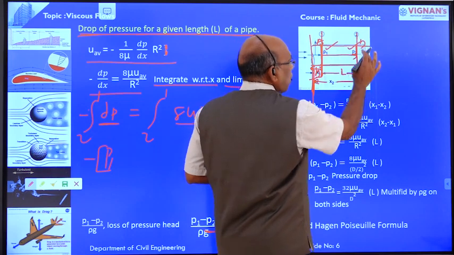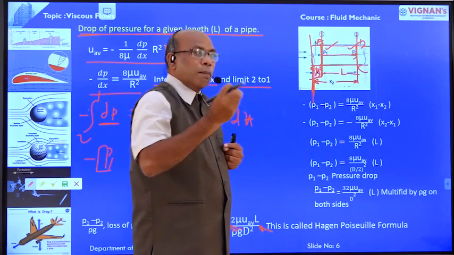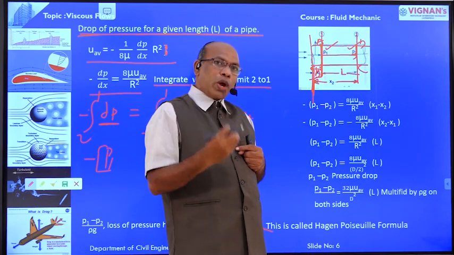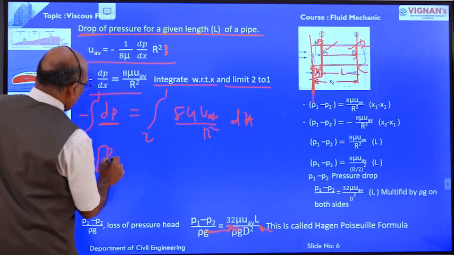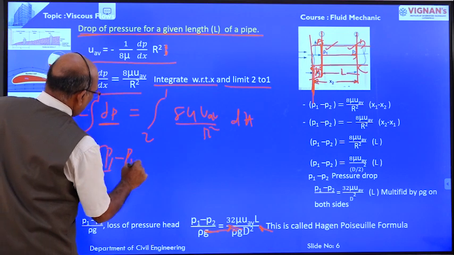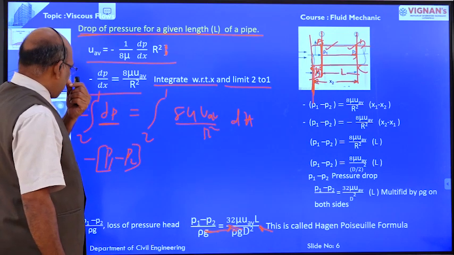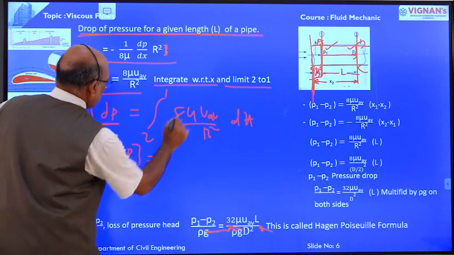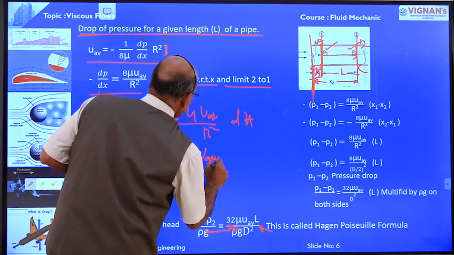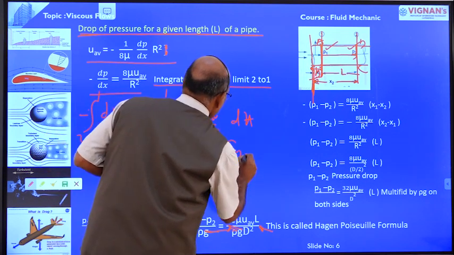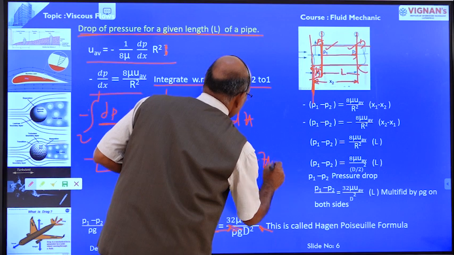The intensity of pressure over the face AB is equal to small p, and over the face CD it is small p plus dou p by dou x into distance. So the pressure at section 1 is more. P1 minus P2 is equal to the constant 8 mu u average divided by r square, into x1 minus x2.